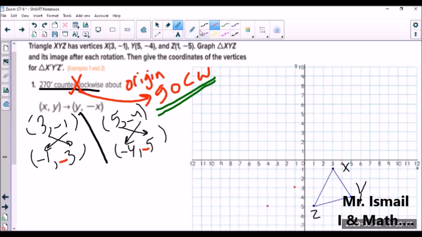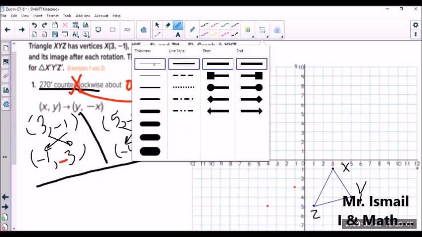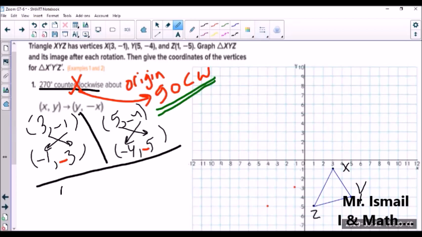Next one, the last point, it's 1, -5. So you have to switch to be -5, 1.